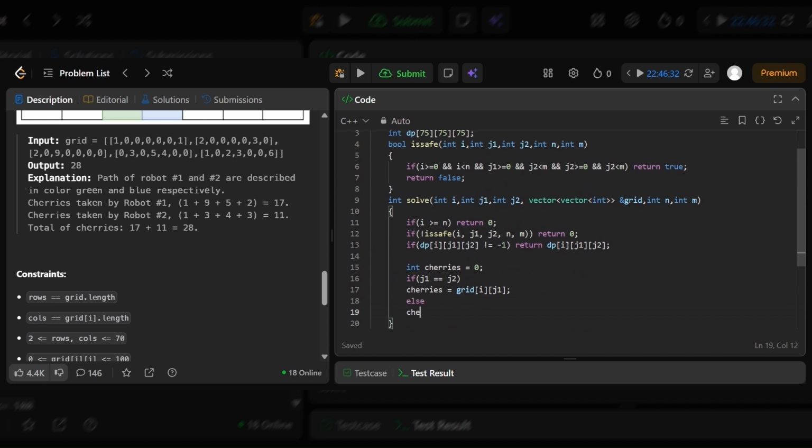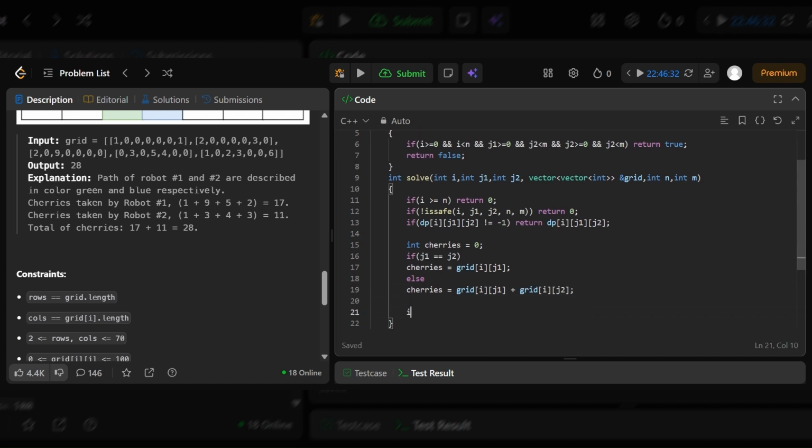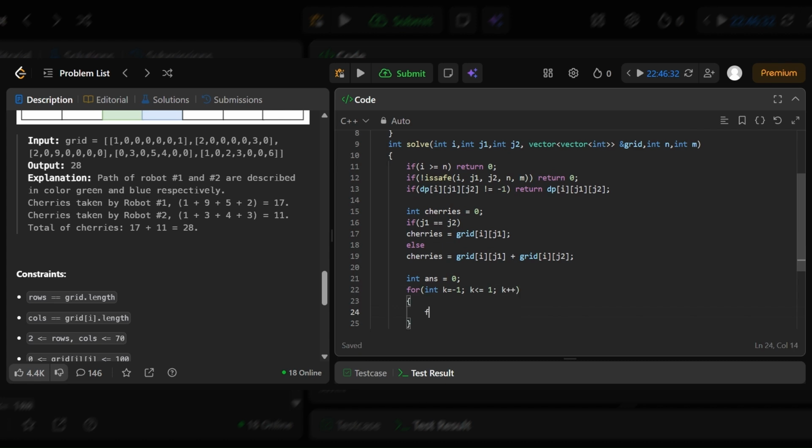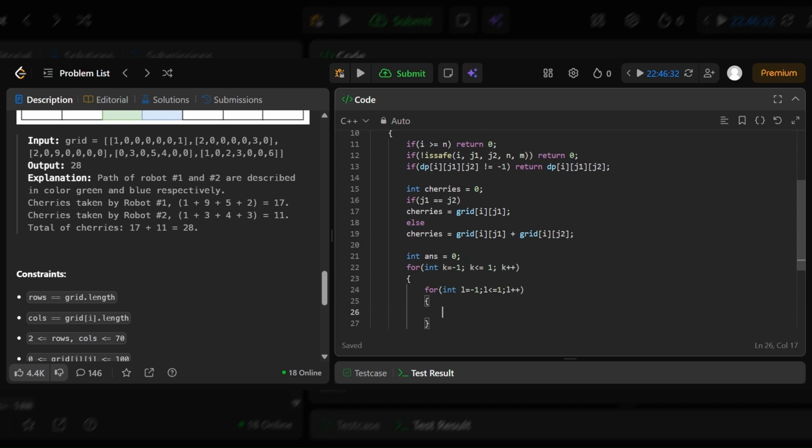Else, you will take both the values of your grid, which is i, j1 plus i, j2. Okay, now we have one answer which is initially 0. We'll go from k minus 1 till k 1 as we discussed, and our l from -1 to 1, and we'll do maximum answer.